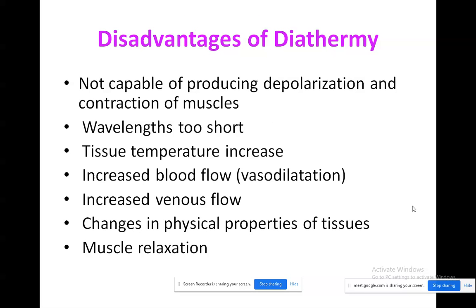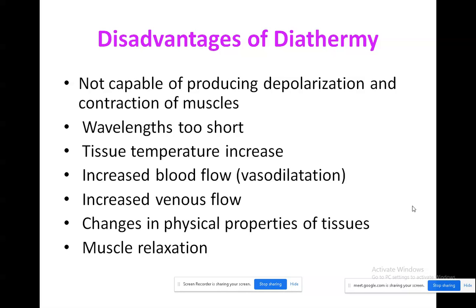Disadvantages: it will be producing depolarization and contraction of muscles. Depolarization, you all know, is the opposite of polarization.